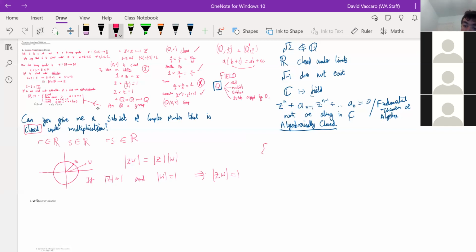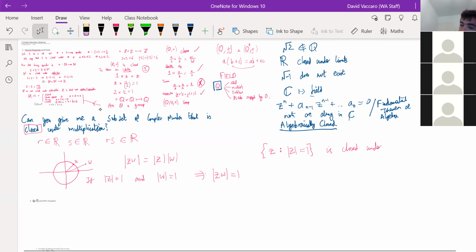So this set S of complex numbers is closed under multiplication.